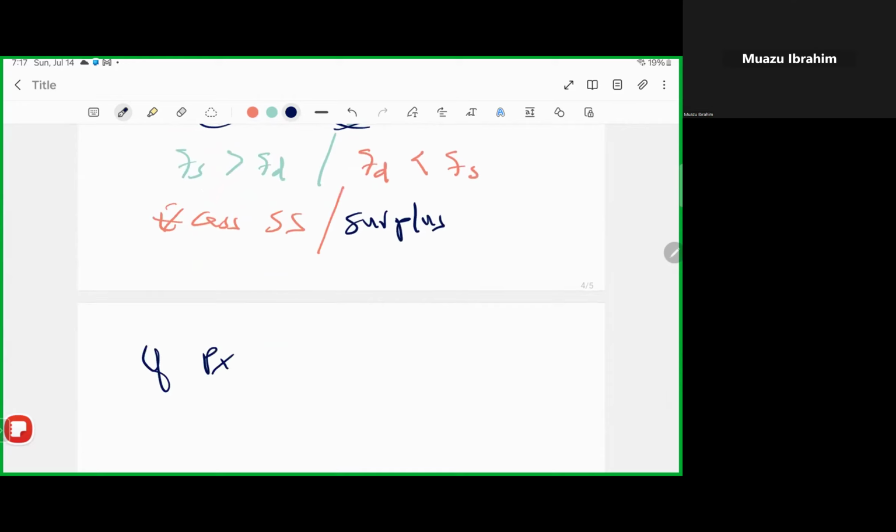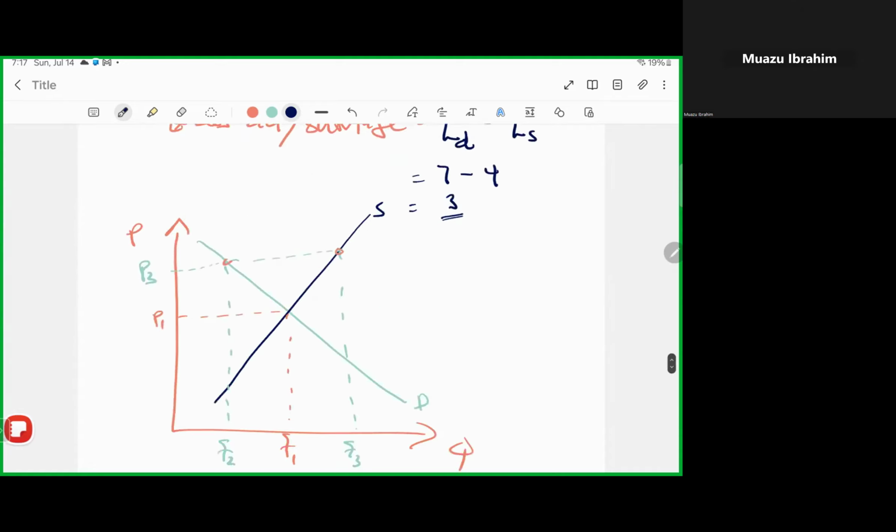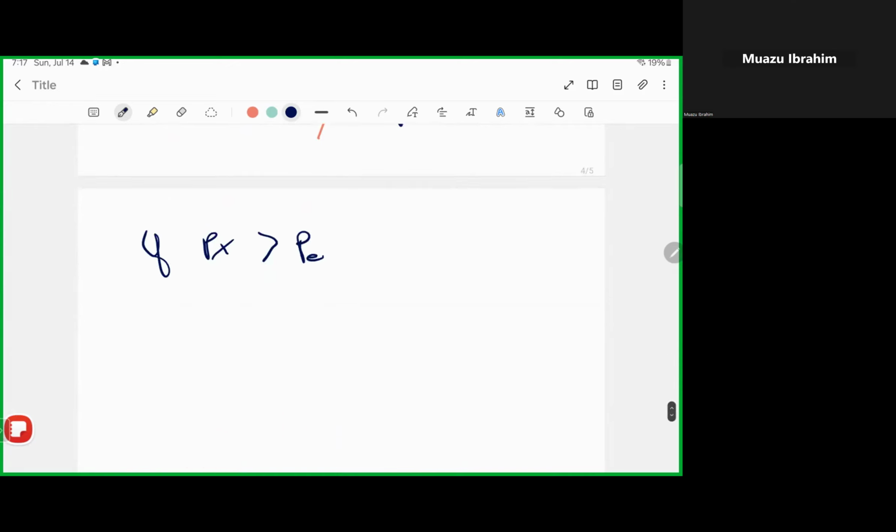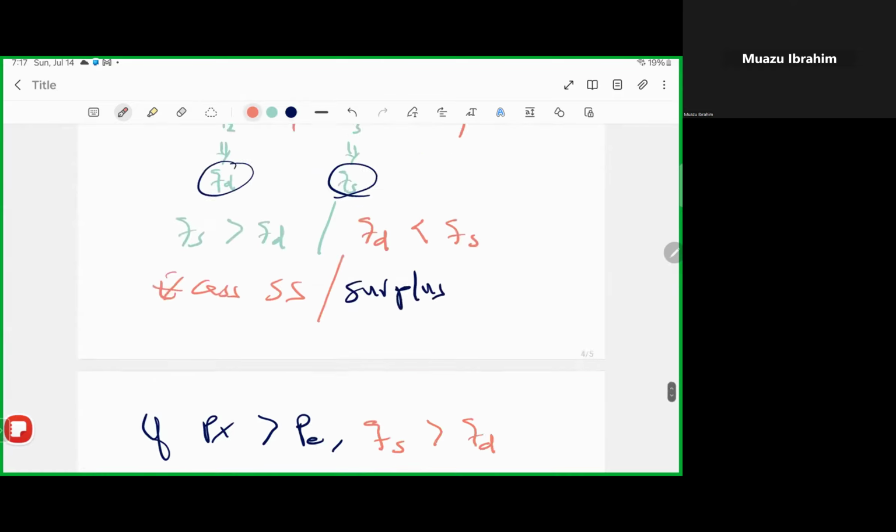So if the market price is more than the equilibrium price, as we can see here, there would be excess supply. The quantity supplied would also exceed the quantity demanded, as we can see.